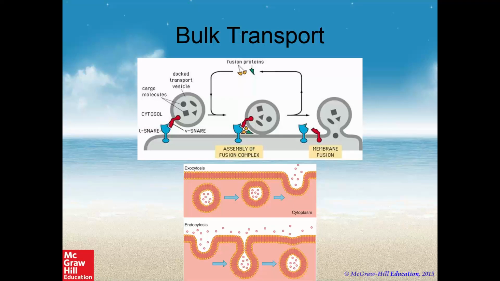Now it works in the opposite direction for endocytosis as well. So some substance on or near the membrane triggers an endocytotic event, usually binding to a receptor. And so what will happen is, V-SNAREs and T-SNAREs that were left over from a previous exocytosis event are found in the membrane. They will form the membrane fusion complex only in reverse.